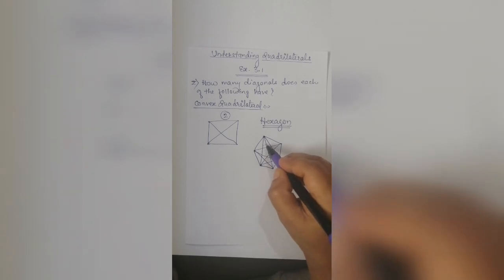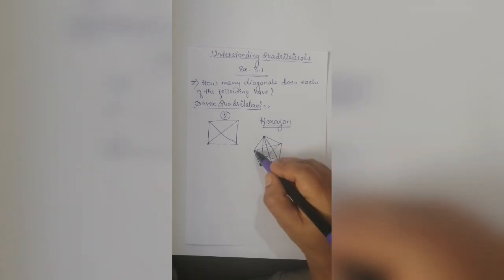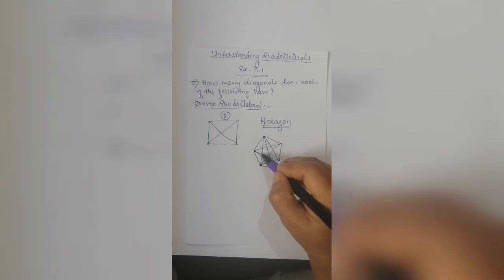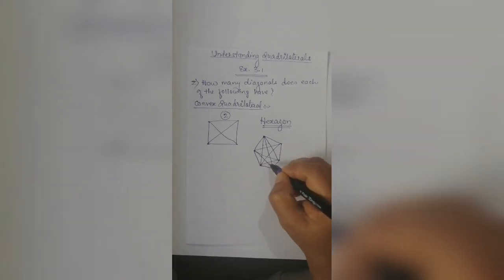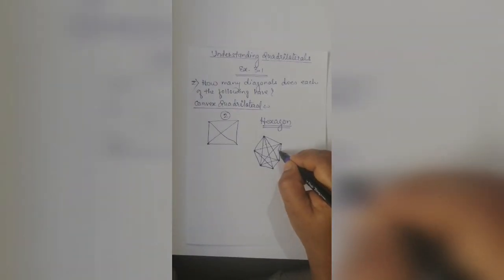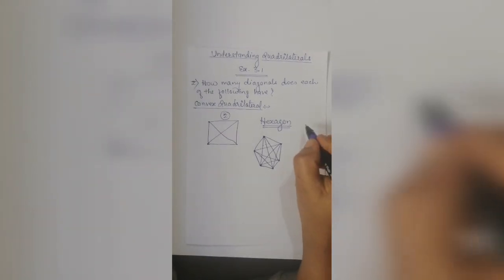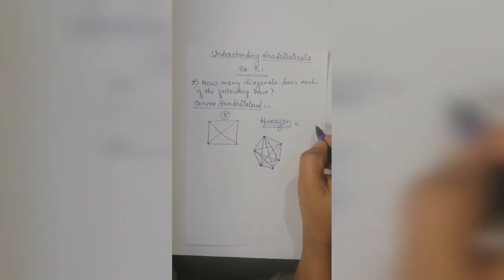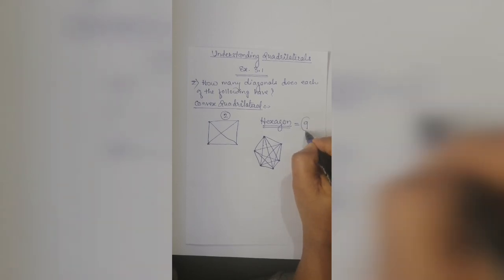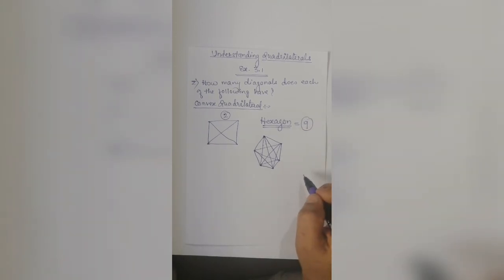So from this vertex 1, 2, 3, from this vertex 1, 2, and from this one 3. That means in a hexagon a total of 9 diagonals can be drawn.